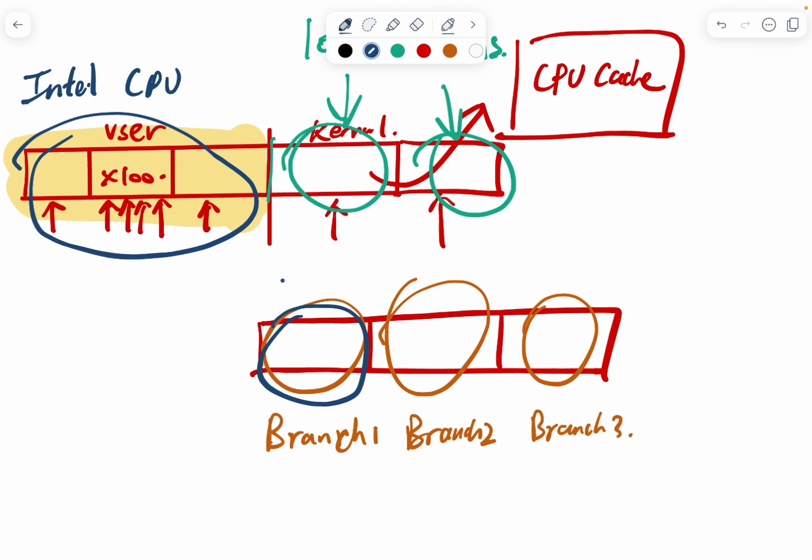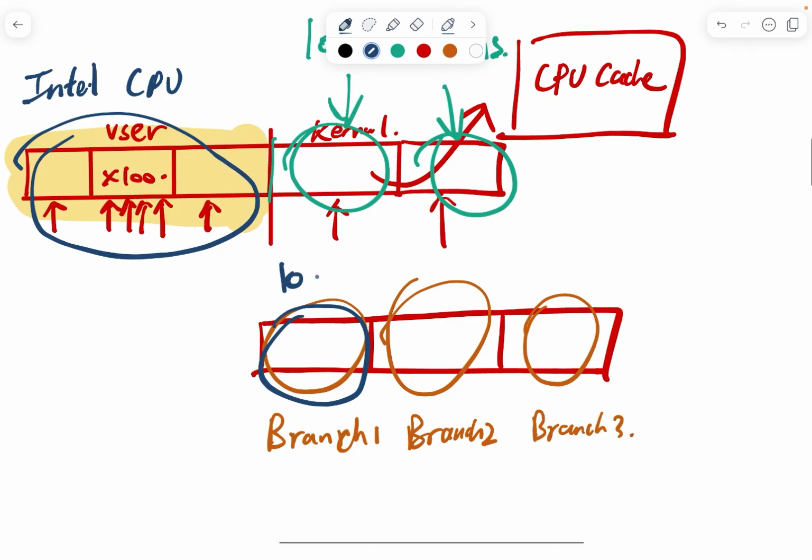So it turns out this piece of memory has been accessed in 10 nanoseconds, and this one has been accessed in 1,000 nanoseconds, and this one has been accessed in 1,000 nanoseconds as well.